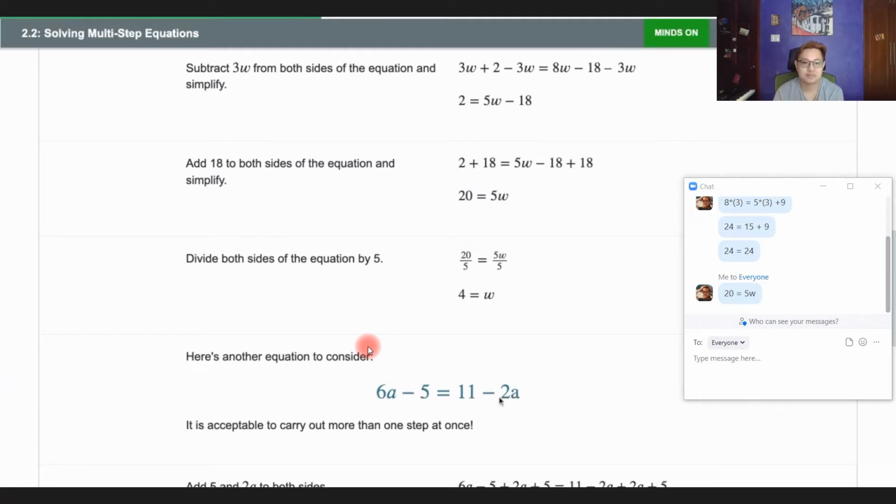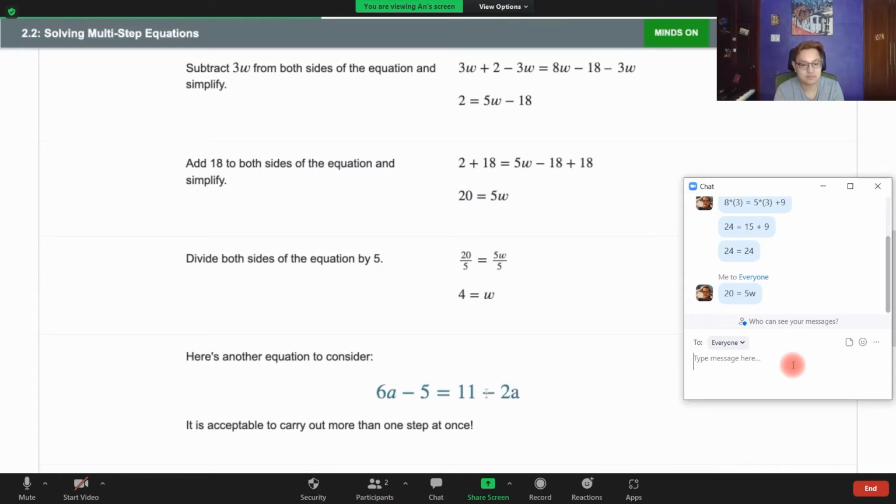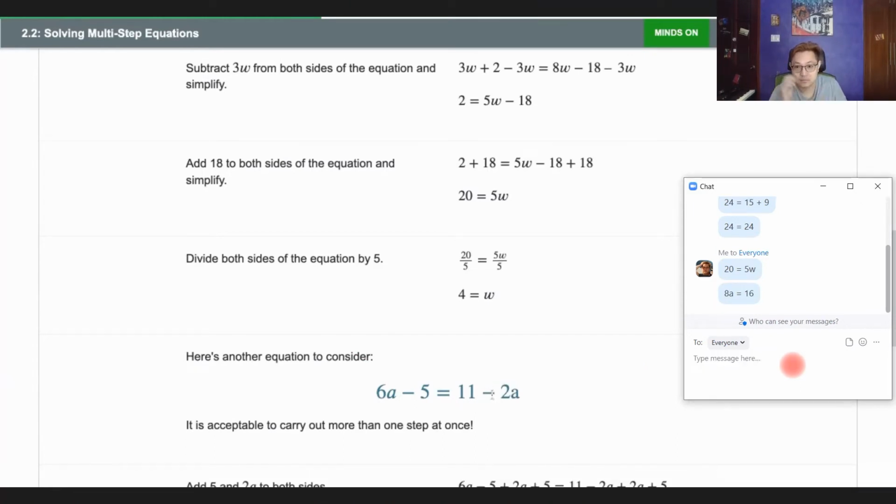Since it's both subtraction on each side, just move to the side so that they become positive, and so make your life easier.